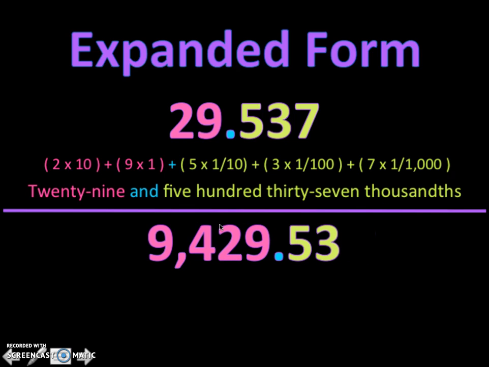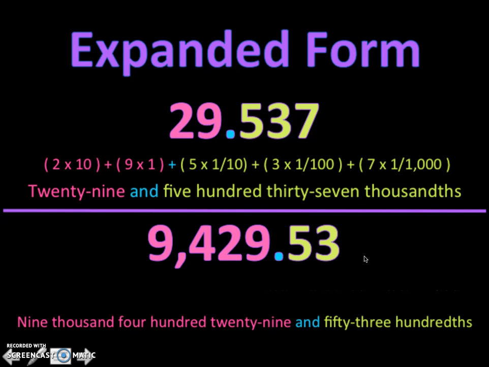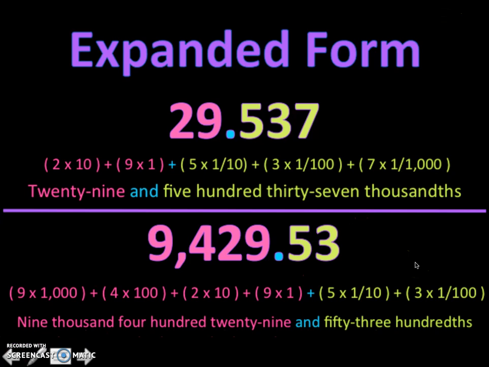Let's look at a different example. And if you've noticed, I've color-coded the word form and the expanded form to match our number. 9,429 and 53 hundredths. Written in expanded form, you have your whole number first, 9 times 1,000 plus 4 times 100 plus 2 times 10 plus 9 times 1.